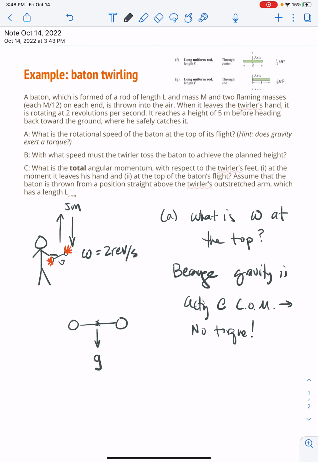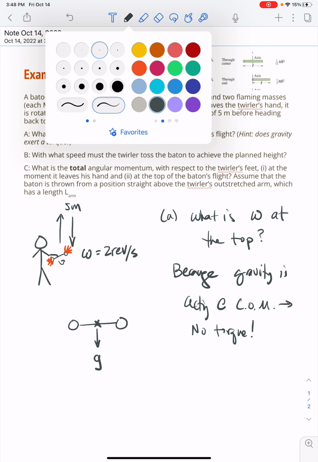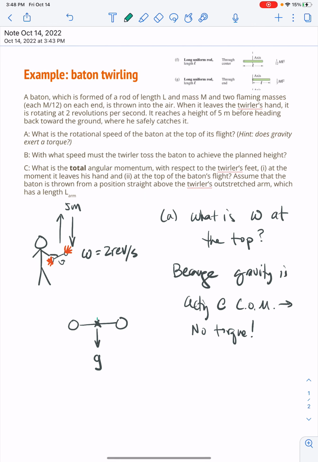And so we can also think about, we can set our origin at this position, say, and then we can think about what happens as the baton moves upward, right? It's still rotating, okay? Gravity's still acting at the center of mass. Here now, if this was our origin, our r is here, okay? And then r cross g is 0.